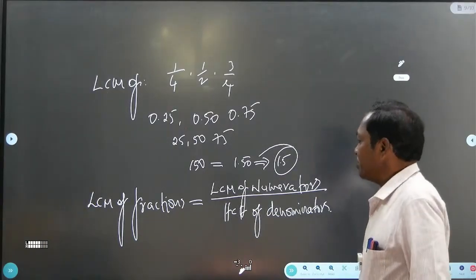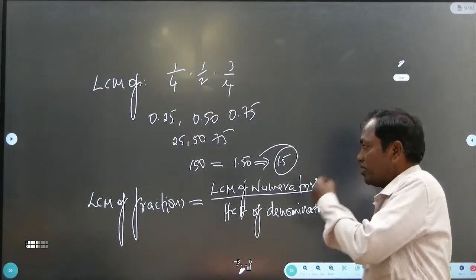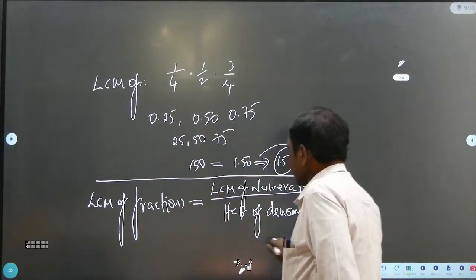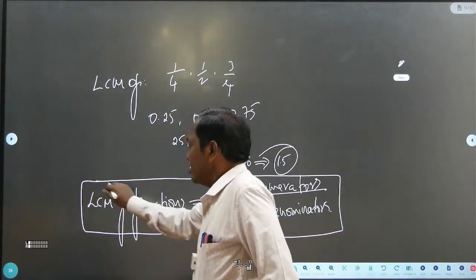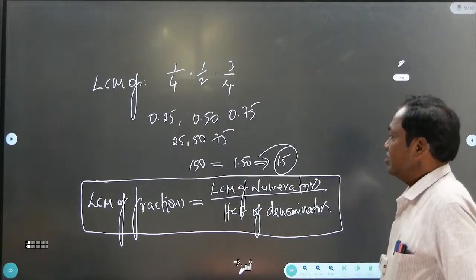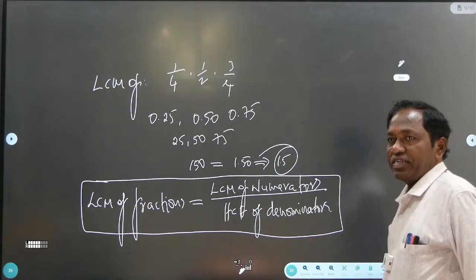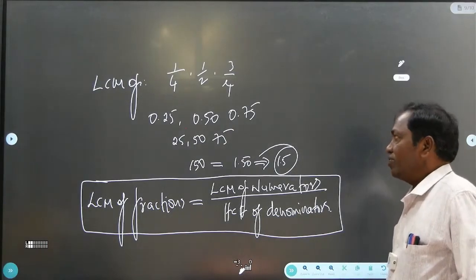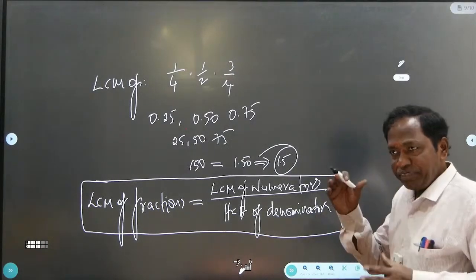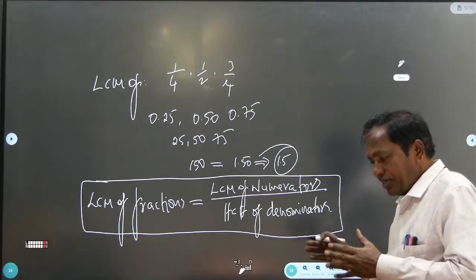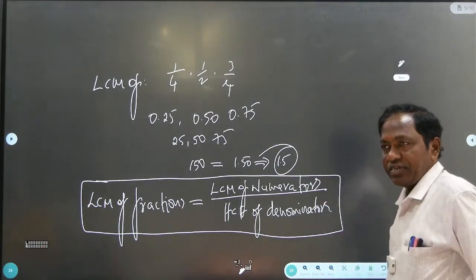LCM of numerators by HCF of denominators. See this, you put in a box. For the upper part you take the LCM, for the lower part you take the HCF. See, same thing, whatever we have been learning for several classes, it is well interconnected, interrelated.